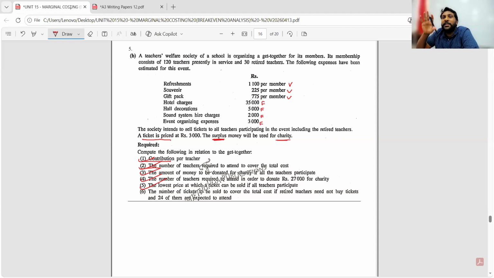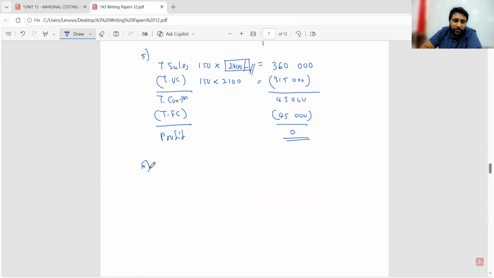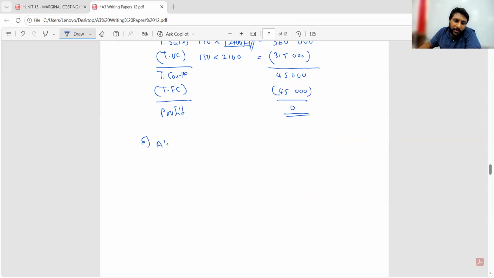And this time, using the money that you are getting, you will have to cover 2 types of costs. One is the fixed cost that is already there. How much? 45,000 is there, no? Yes or no? The food expense, souvenir cost, whatever the gift pack cost of the retired 24 teachers, also you have to cover it, no?